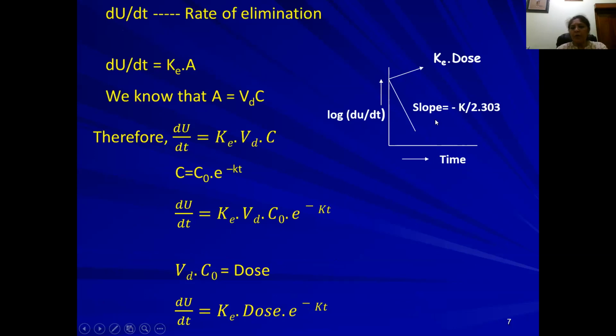So from the slope we can get the value of K, and from the intercept we get the value of Ke. So when we know Ke and K, we can get the value of Km, because Km will be equal to K minus Ke.